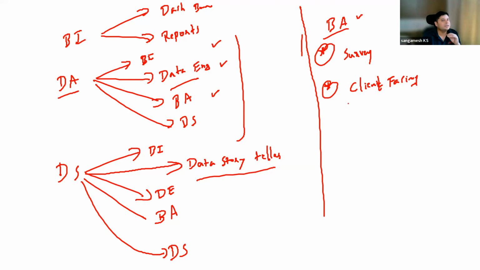What is meant by a client-facing role? You have a client. He has some idea, like he wants to implement data science in his organization. What this business analyst will do is go to the organization. He knows the business. He will try to pitch various solutions. He will say, we can use a classification algorithm to lower your churn rate.